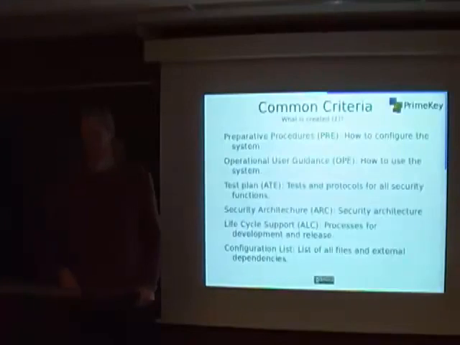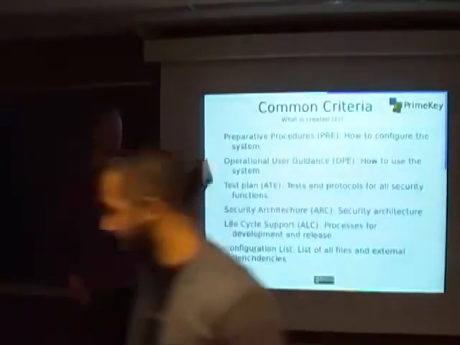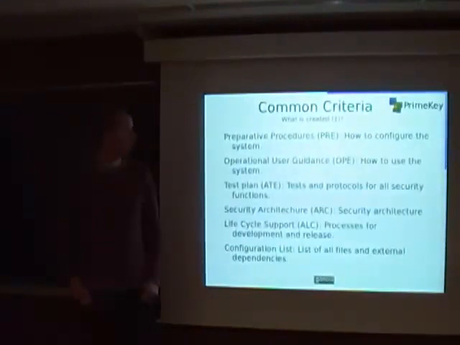Page 2, in the long list of documents that you have to create, starts with something called preparative procedures. That's how to configure the system in order to be a certified installation. Then we have operational user guidance, how to use the system.